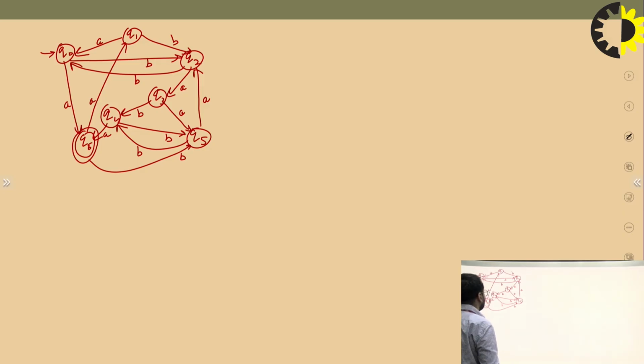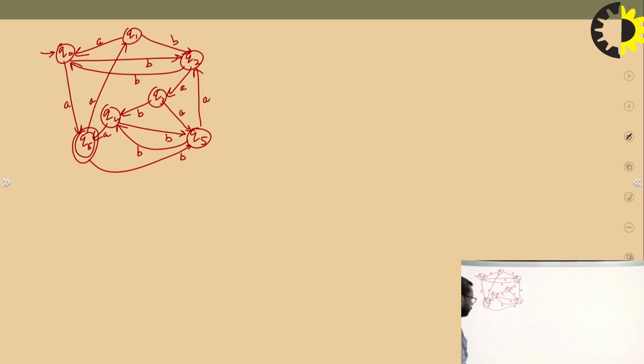So the first step in this question: basically we have a DFA model, and in this model we have states q0, q1, q2, q3, q4, q5 and q6, total 7 states.